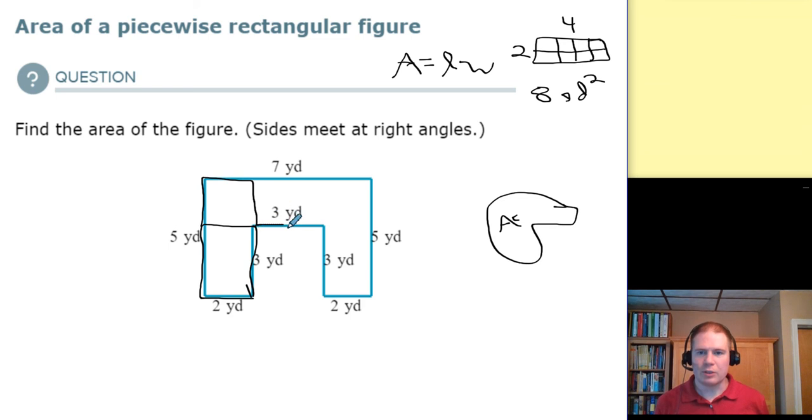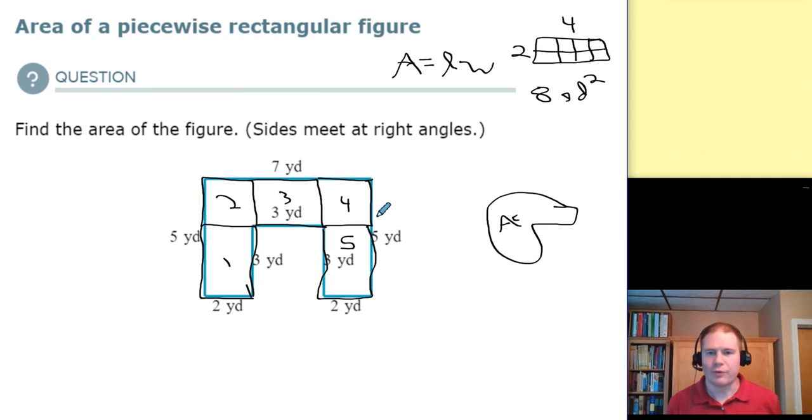And then this line continues to here, and then it stops, so that's rectangle 3. And this line continued to here till it stopped. There's rectangle 4, and then down here is rectangle 5. So I can add up the areas of those 5 rectangles, if I know each of their areas individually.